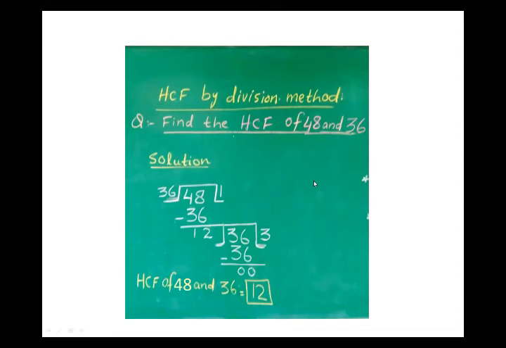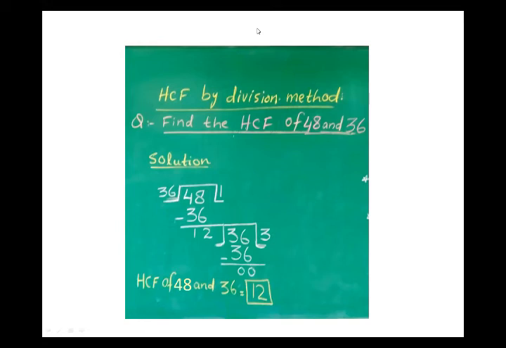So all of you should understand all the topics we learned in this lecture. We studied factors, which you already learned in class 3. We studied prime numbers and composite numbers, which you also studied in class 3.